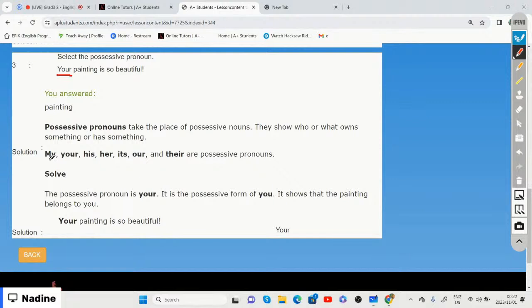And we see the possessive pronouns are my, your, his, her, its, our, and their. And we see that the possessive pronoun is your, which is that first word, in your painting is so beautiful. And it is the possessive form of you.